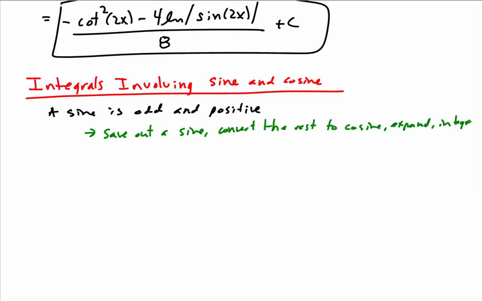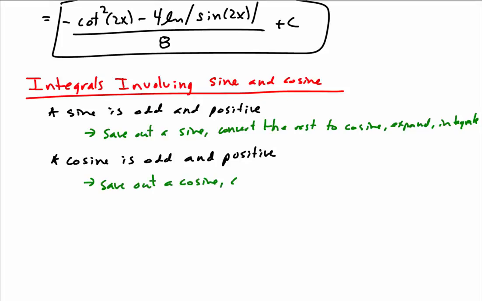Now the same exact strategy will work very well if we have a cosine power that's odd and positive. So we'd save out a cosine, convert the rest to sine this time, not cosine, expand and integrate.